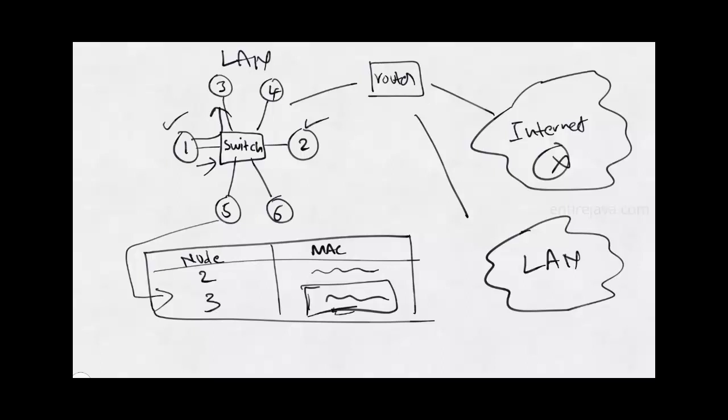A MAC address is useful only within the local network that you have. But if you wanted to send data to an element outside your network, or to a device in the internet or in another LAN, then you're going to have to use an IP address, and you need to include that information in the packet. Well, when I say you need to include, you don't have to. It will all be taken care of by the network.